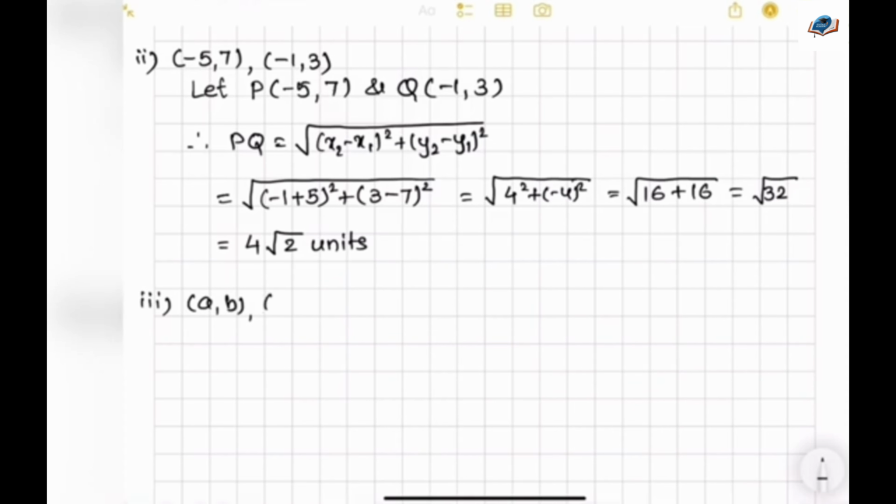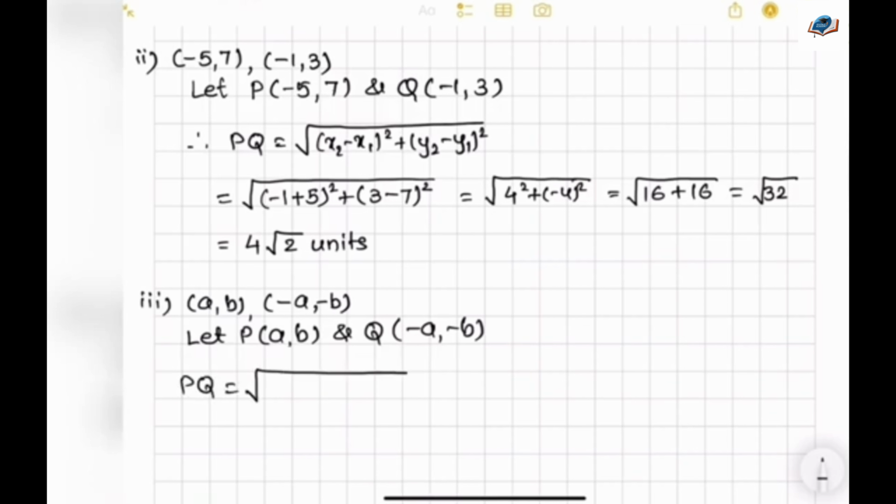Third pair given is (a, b) and (minus a, minus b). So again I can do it in the same way. Let P be (a, b) and Q be (minus a, minus b). So PQ will be equal to the square root of (x2 minus x1) whole square plus (y2 minus y1) whole square.